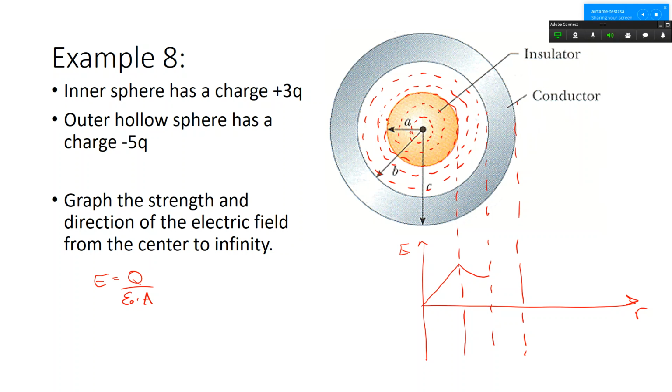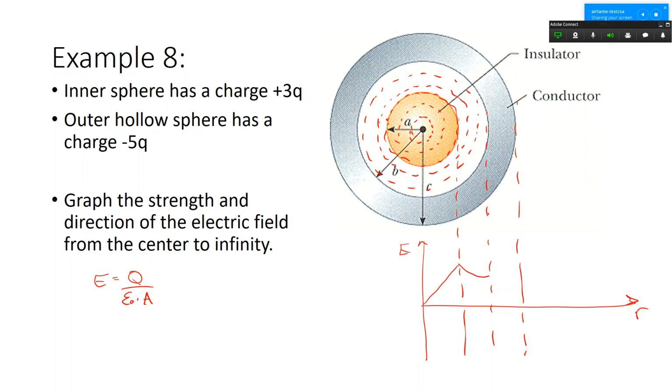This outer sphere here is made of conductive material, which means that charges are allowed to move through it. So where are my charges going to be located? On the outer edge, the inner edge, or both? Both, exactly. The reason for it being both is because there is a charged sphere on the inside.